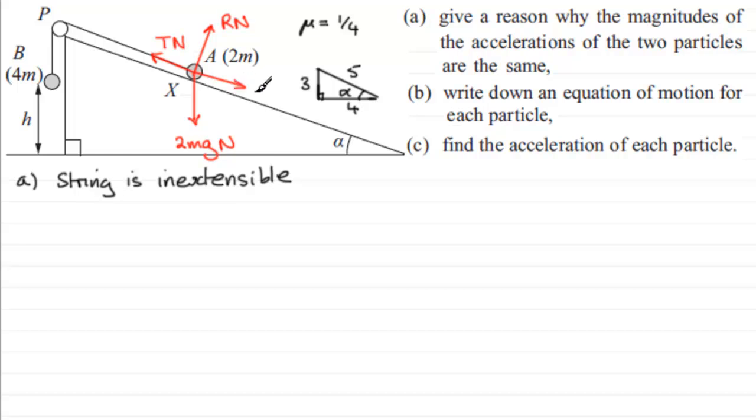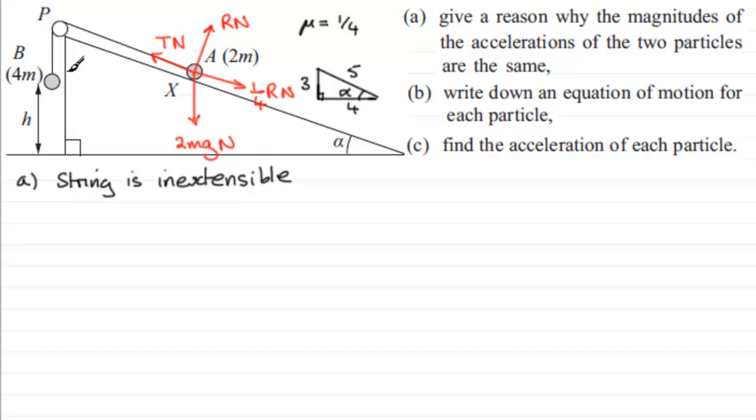And because it has reached its limiting friction, that frictional force will be equal to mu times the normal contact force, mu R. So mu is a quarter, so we can say that this is going to be a quarter R newtons. Okay?